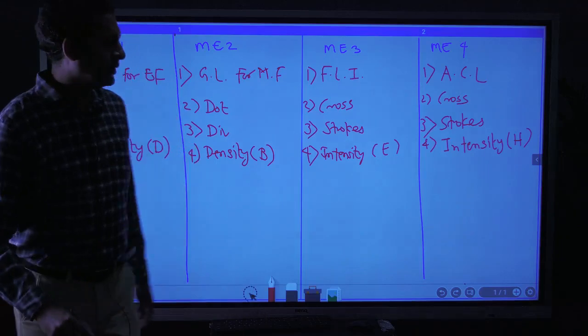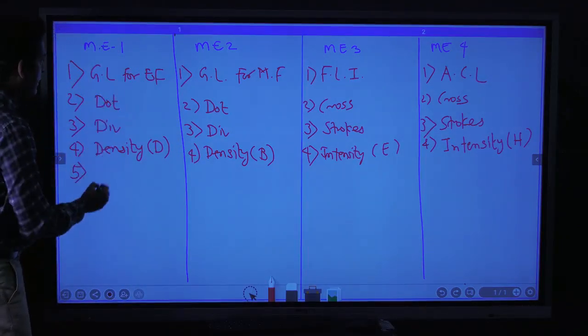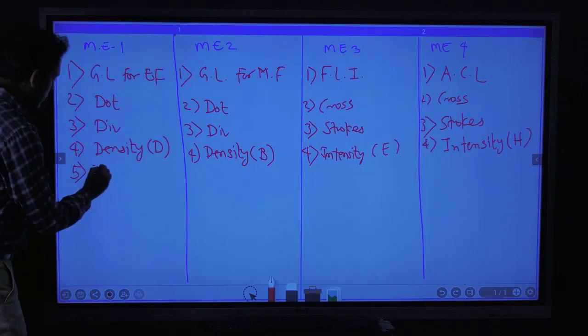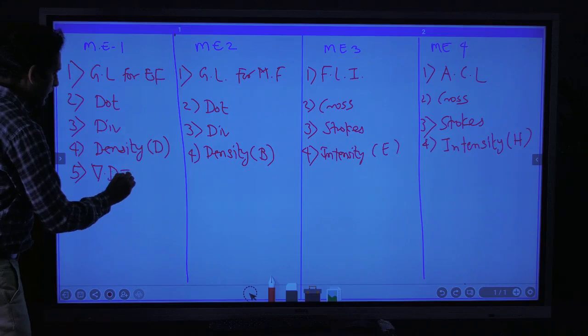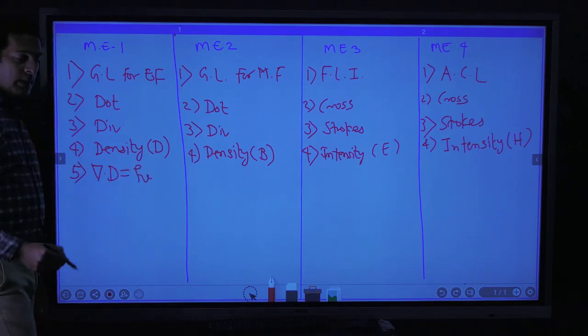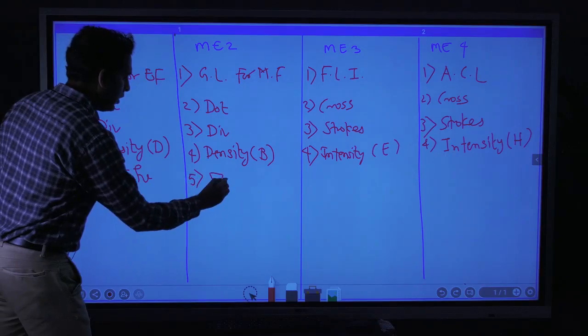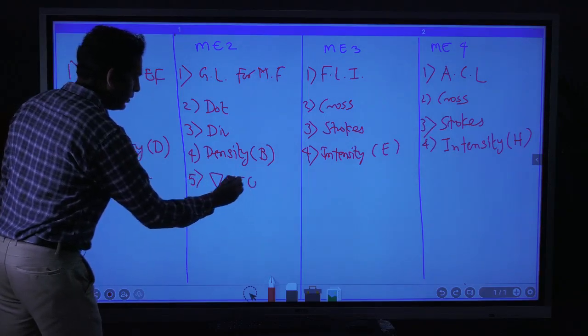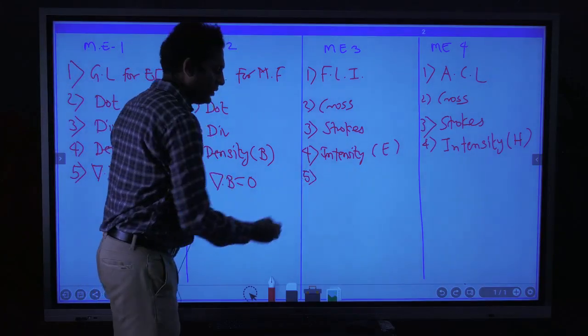Then we can remember their equations. For the fifth point we will add the equations. What is the first equation? We take the dot product for density, del dot D, equal to rho V. Second, Maxwell's second equation is del dot B equal to 0. Then the third equation is based on Faraday's law.